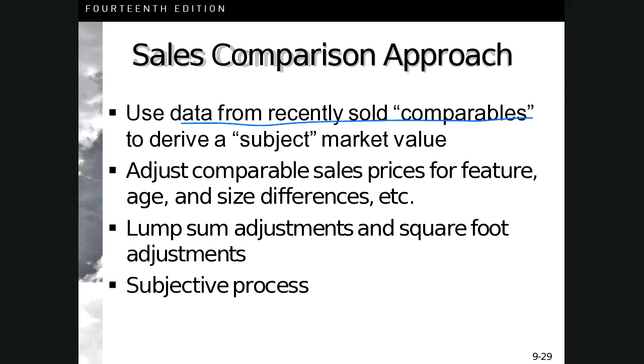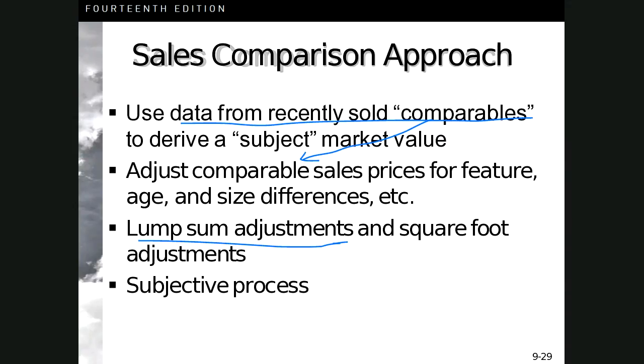So first dig up a comp, then you take that comparable sales price, which is per square foot, per unit area, and adjust it for features, age, size differences, etc. Then you take all the adjustments and the square footage adjustments, and you get the final value. If you're talking about residential, these sales comps are a lot easier to get, right?